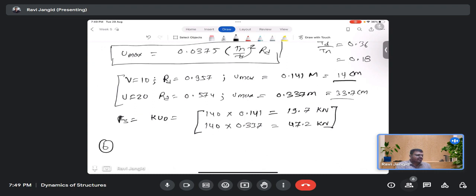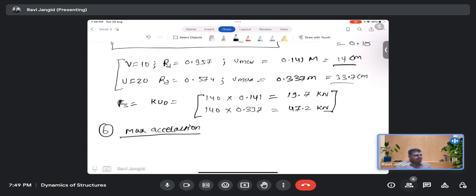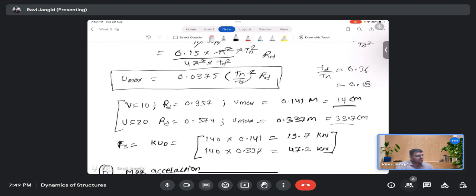In part B, you need to find out the maximum acceleration. For the maximum acceleration, we have calculated Umax as Ug dot divided by omega n square into Rd.